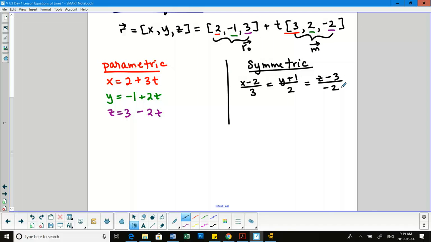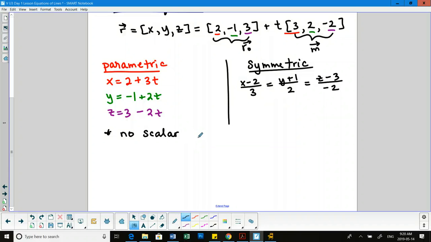Okay, so those are 3 different ways that I can express my vector equation of a line in 3 space. Just as a little note, there's no scalar equation in 3 space. Scalar equation is only for lines in 2 space. As soon as I have a scalar equation in 3 space, I'm actually representing the equation of a plane.